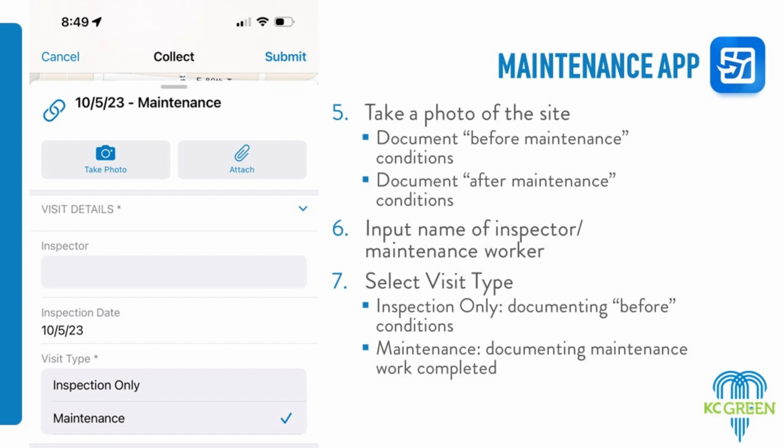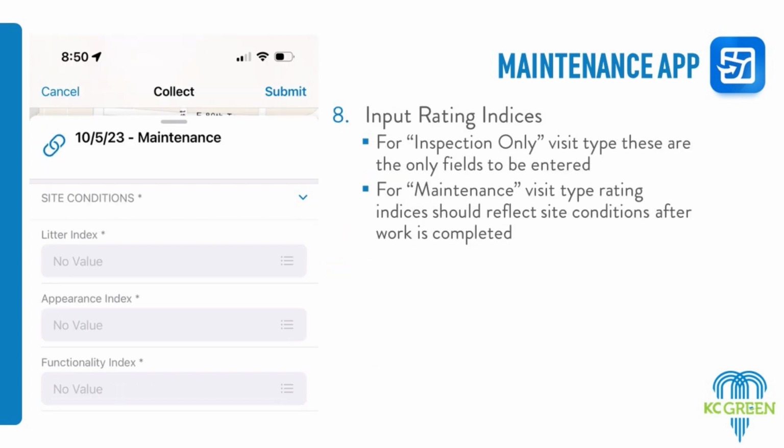So you'll select maintenance. This is after the work is completed, before you leave the site. You'll give the ratings again, and hopefully we're seeing some improvement. Like I said, on appearance that may not be true, or even functionality. Some of these things are going to show improvement over time.